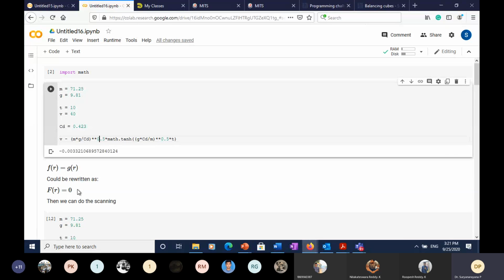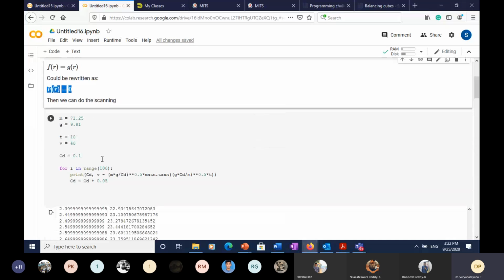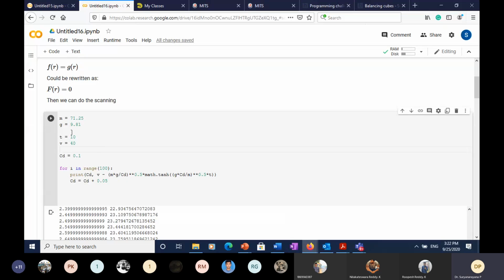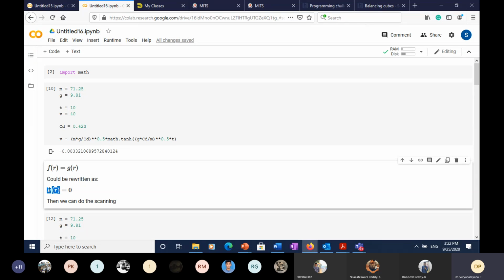I asked you that we should rewrite the equation such that it looks like f of r equals 0. This is what the equation should look like. Okay. Then we can do the scanning. Now, what did we do in the scanning? We started with some value of CD, and then we found the value of the function, whichever function we got by bringing everything to one side of the equality sign.